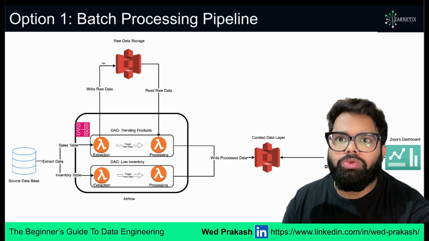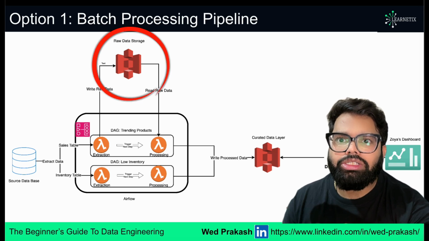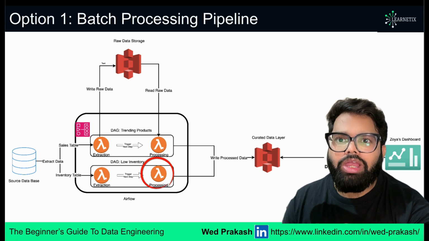We will next move to step number 2, that is data transformation. Once our data is sitting in the landing zone, it's time to clean it up. Again, we will use two scripts, one for low inventory and another one for trending products. Each of them is doing simple but essential tasks: reading the data from the landing zone in JSON format, removing duplicates, dropping null values, formatting timestamps properly, and standardizing things like currency and category labels.